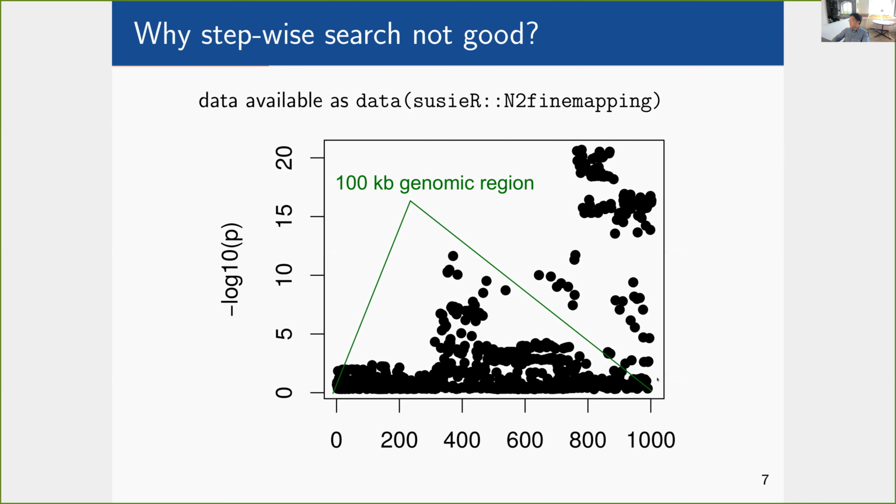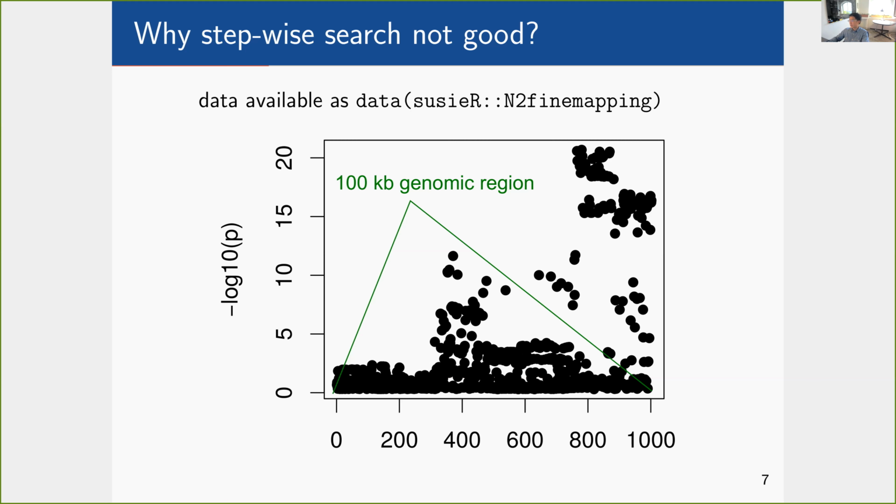This is a region of a genome with roughly 1,000 variants, and this is a Manhattan plot from association studies. Say we zoom into this smaller 100 kb region, and we want to pick up the causal variants.